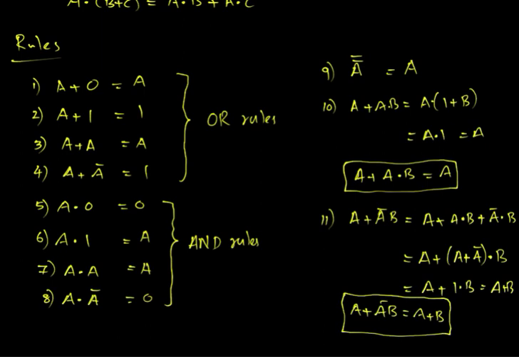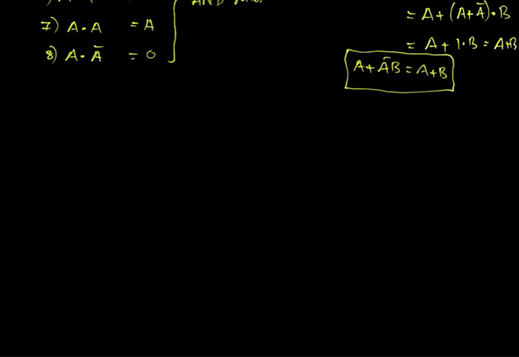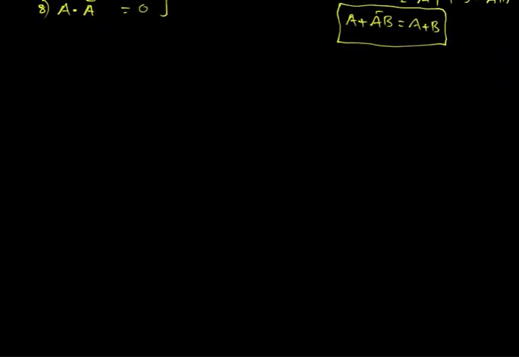Now one more rule, an expression we can write here, it may be 12. If you consider a plus b ANDed with a plus c, it will be the same as a plus bc.